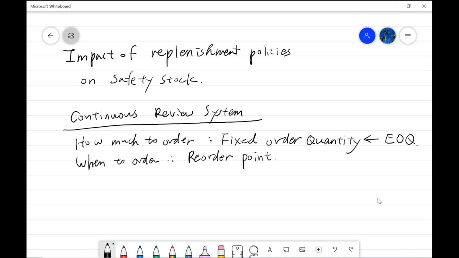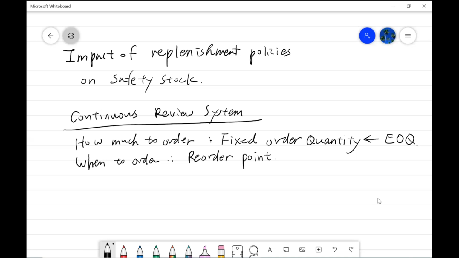That means under the continuous review system, as I said before, you keep watching your inventory as time goes on. When you find out your inventory level is exactly the same as the 100 units, the reorder point you already set, that tells you it's time to order.